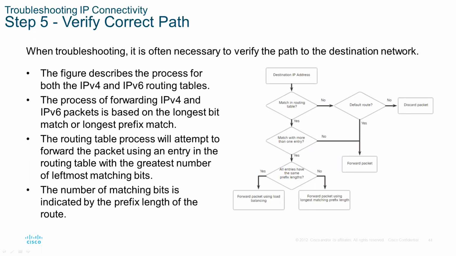If it hasn't, it's going to drop the packet. Remember that. If there's no entry in the routing table, the packet is dropped unless you have a default. If you have multiple entries that would match the destination IP address, you need to look at the longest path.